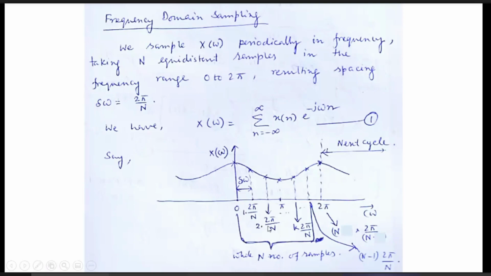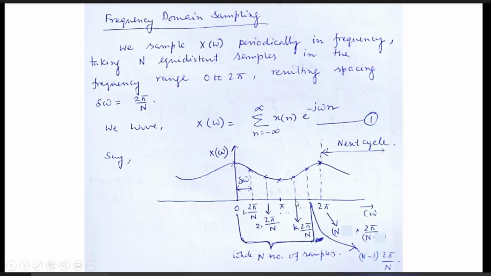We sample it at interval delta omega, which is equal to 2 pi by N, because the range is 2 pi divided by the number of points we are interested in, that is capital N. So the first sample lies at 2 pi by N, the second sample lies at 2 into 2 pi by N, like that.